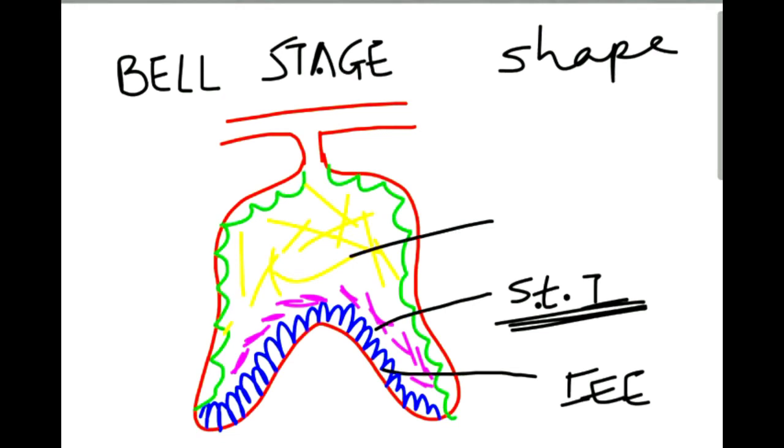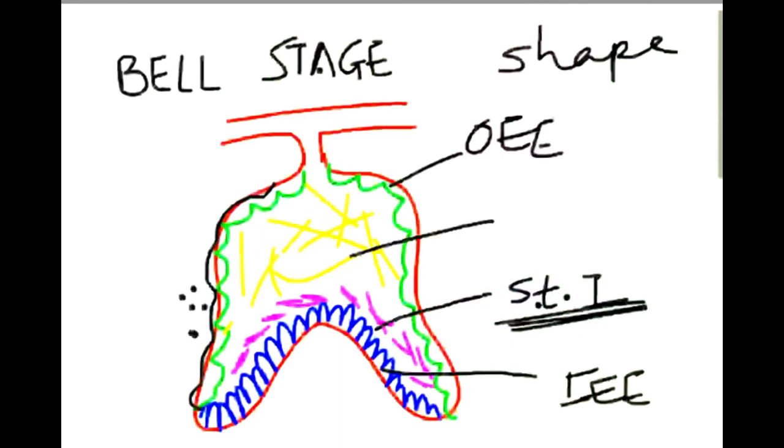Then there are stellate reticulum cells which further collapse, reducing the distance between the ameloblasts and the capillaries near the outer enamel epithelium. And the outer enamel epithelial cells, which are low cuboidal cells, towards the end of bell stage show small folds which enclose the ectomesenchyme, and through the capillaries of the ectomesenchyme, it provides nutrition to the ameloblast-like cells.